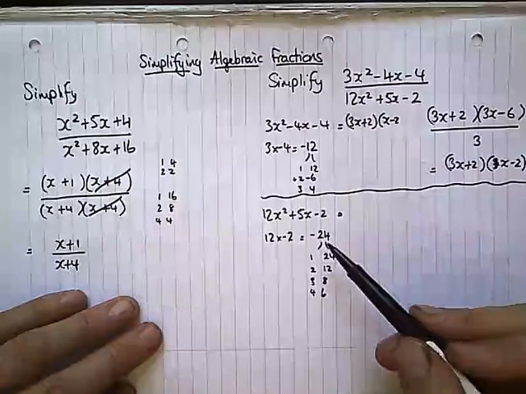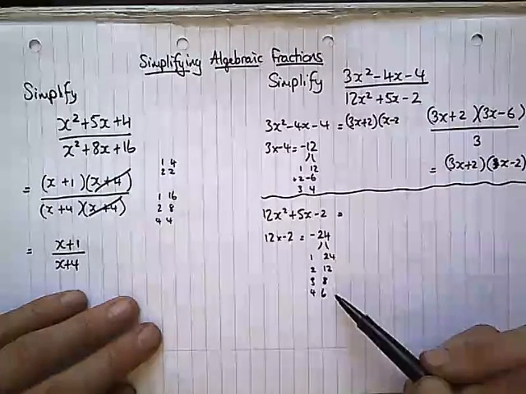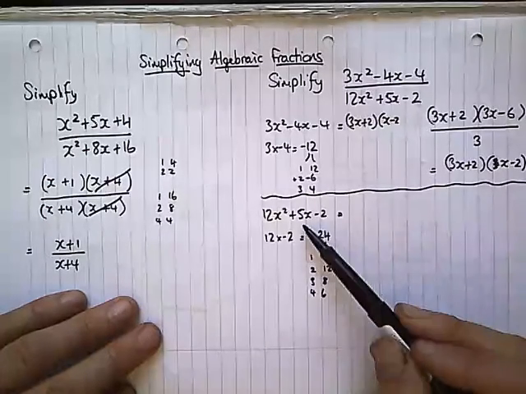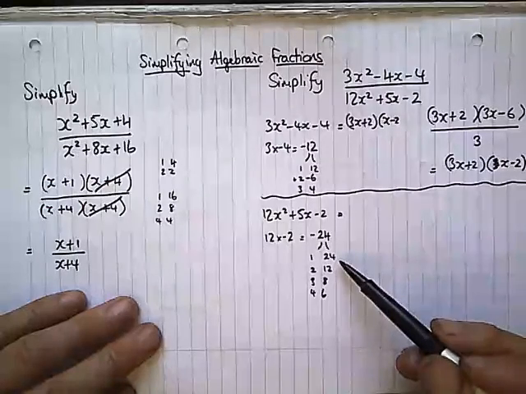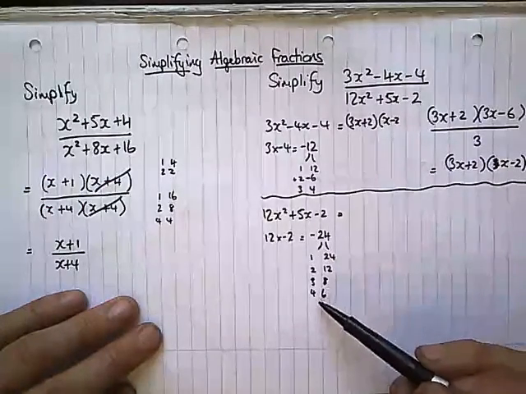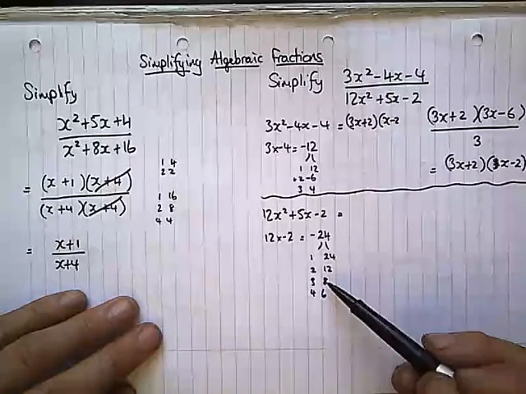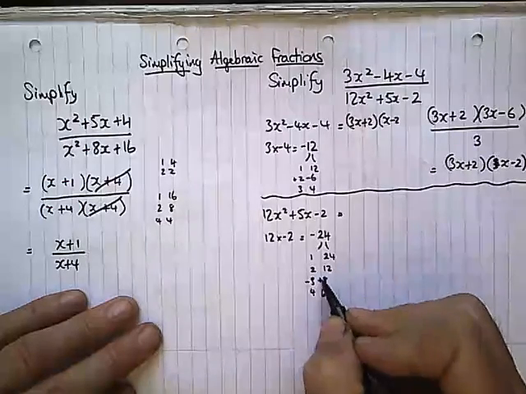One of these has got to be negative to make a minus 24, and the other one's got to be positive. So they've got to add to make plus 5. It wouldn't work with 1 and 24, wouldn't work with 2 and 12, it wouldn't work with 4 and 6, but it would work with 3 and 8. But it would have to be a minus 3 and a plus 8.